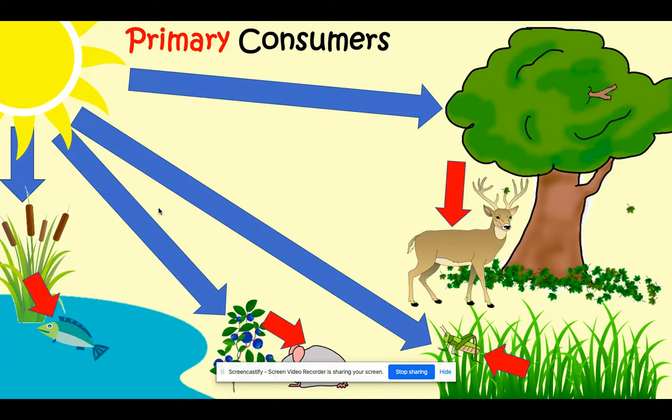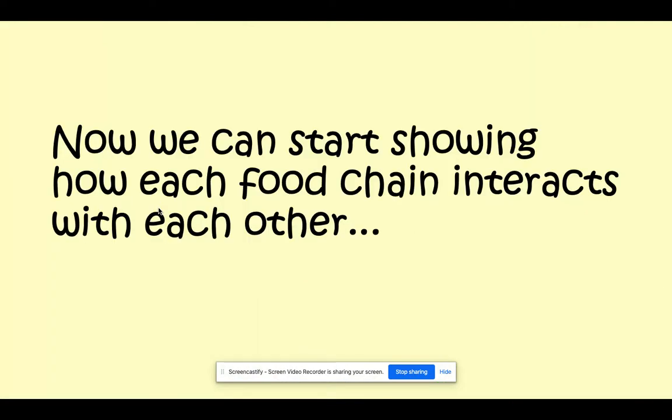So in this example, the sun's giving energy to that plant, but then these animals that the arrows are pointing to, your deer, the mouse on the bottom, the fish, they're your first consumers. What makes them the first consumer is they're eating a producer. Then that makes them the primary consumer. And that grasshopper is eating the grass, so the grasshopper is the primary consumer in that particular food chain.